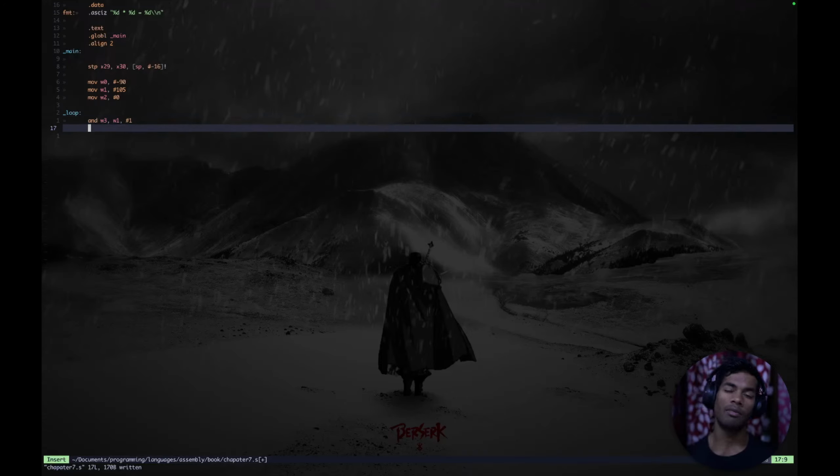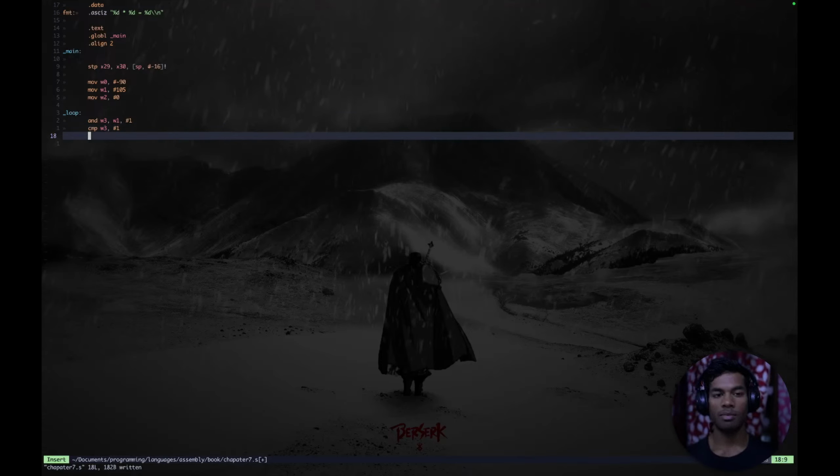Now I will have the LSB of 105 in the third register. Now I want to check the LSB. Compare W3 with 1. Now, if the LSB is 1, I want to add the contents of the 0th register into the second register.